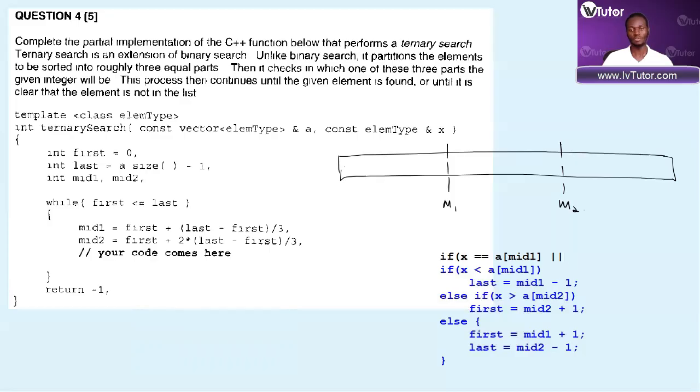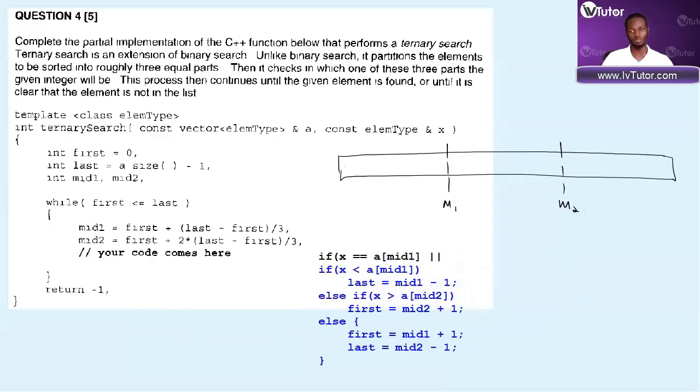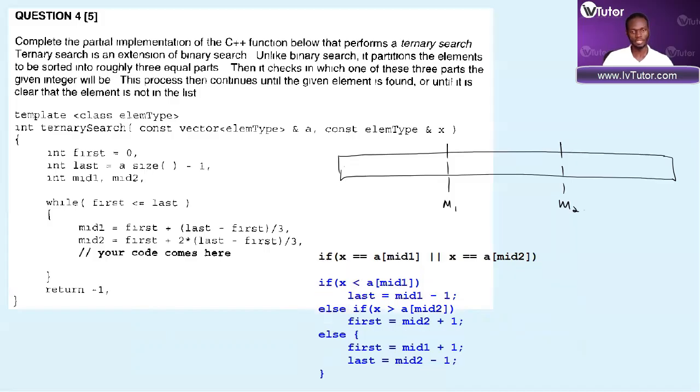Or maybe if it's not at the first mid, it could be at the second mid. So you can say, or x is equal to mid 2. This means that we found it, right?